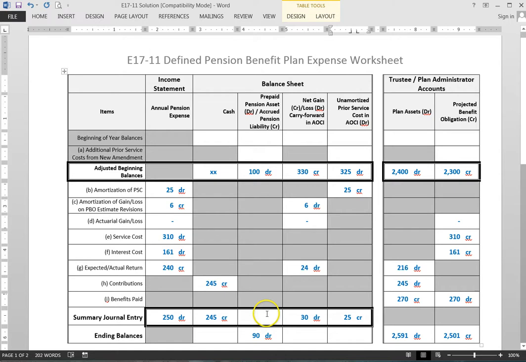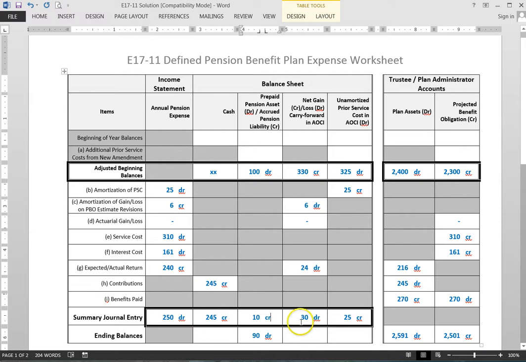And so now the last piece of the puzzle, so to speak, is to make sure that whatever dollar amount goes into this cell forces the column to work and forces the journal entry to balance. You can look at it either way. It's easy enough to see that if I start out with a $100,000 debit balance and I end up with a $90,000 debit balance, that would tell me I need a $10,000 credit entry.